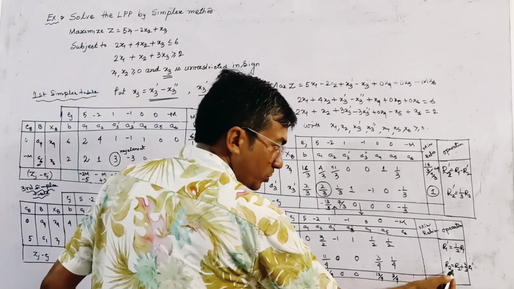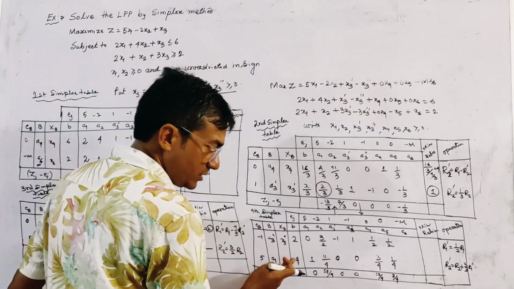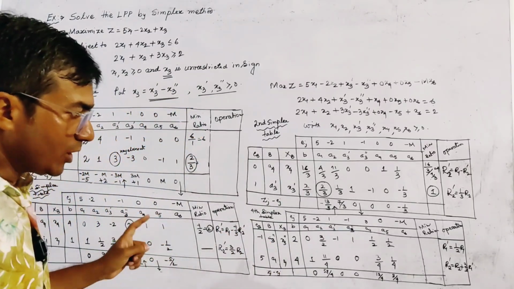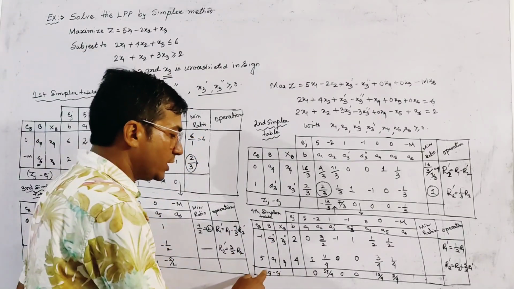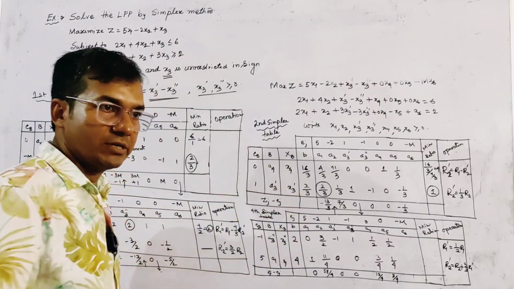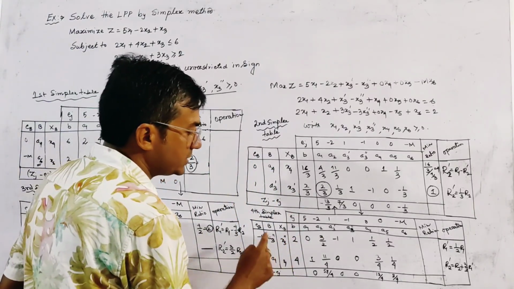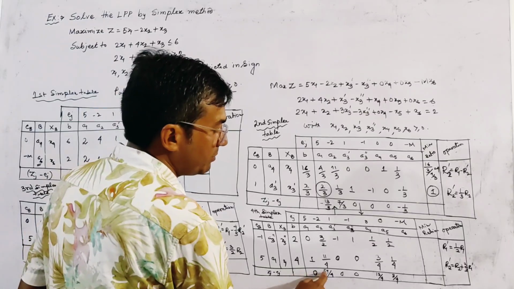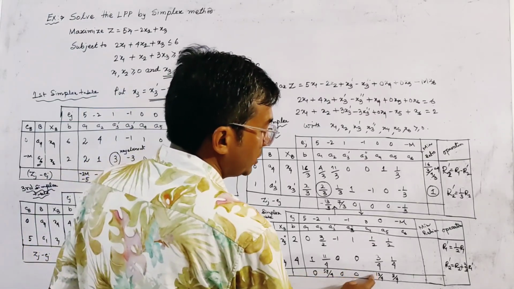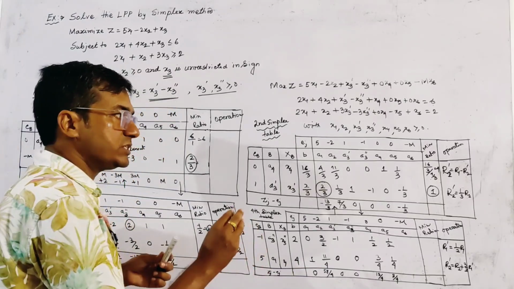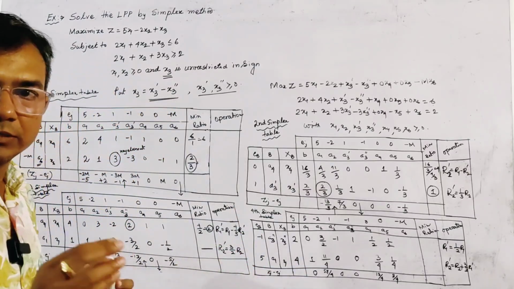We get this operation, we directly write here all the elements of the second row, and by similar argument we calculate all the values of Zj minus Cj. Okay, and clearly the values of Zj minus Cj are 0, 57 by 4, 0, 0, 13 by 4 and 3 by 4, and all are greater than or equal to 0. So we say that the condition of optimality is satisfied.